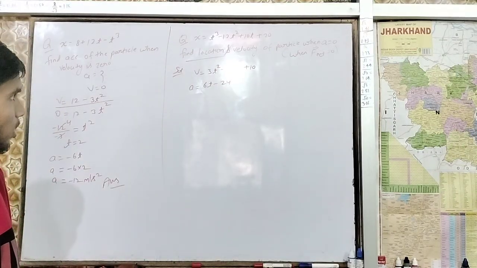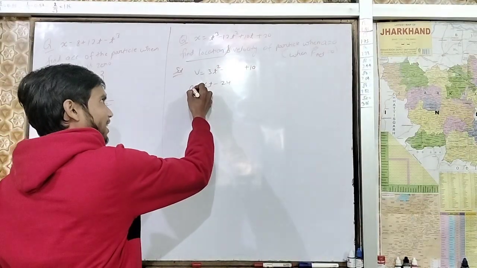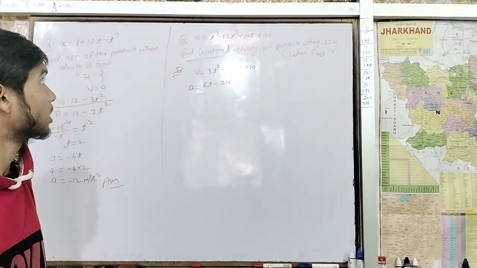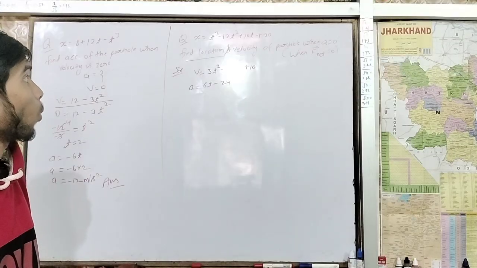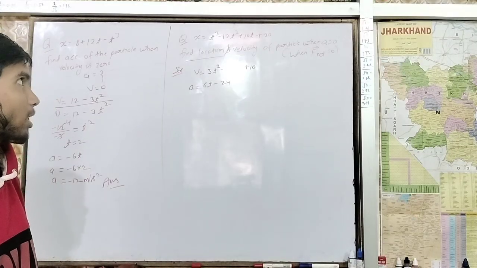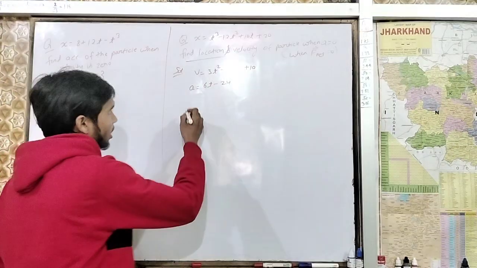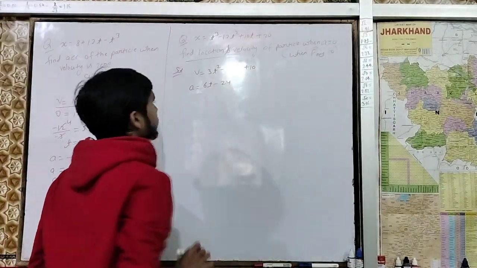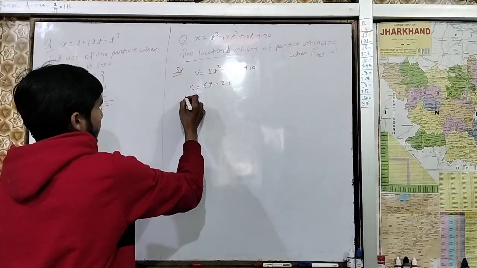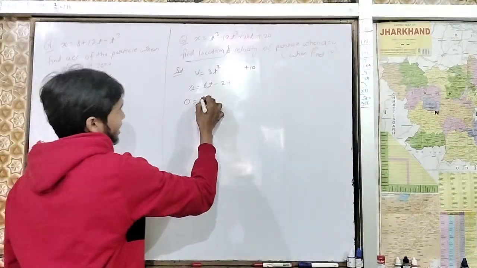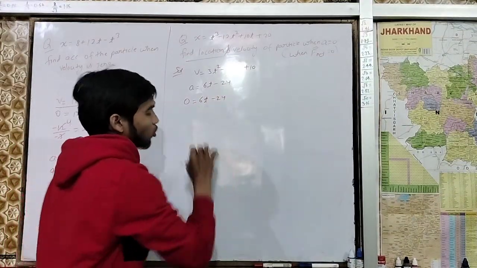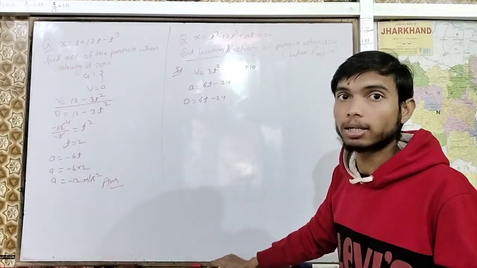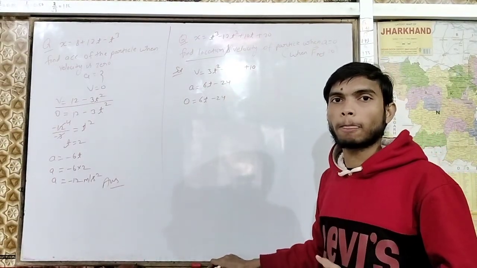Now the question is saying acceleration is 0, then find velocity and location. Let's substitute the value of a as 0 in the equation: 0 is equal to 6t minus 24. From this linear equation, we are getting the value of t.